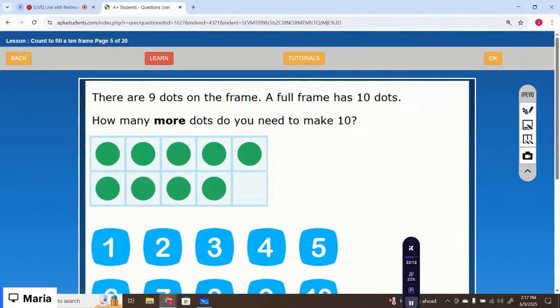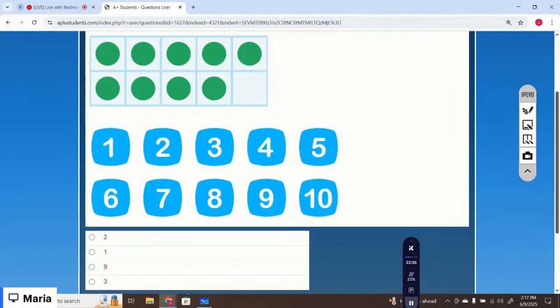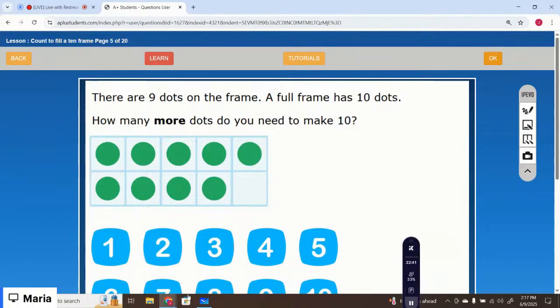There are 9 dots on the frame. A full frame has 10 dots. So, which is the correct option? You need only one more dot to make it 10. Option number 2 is the correct option.